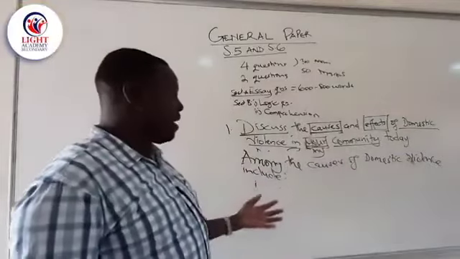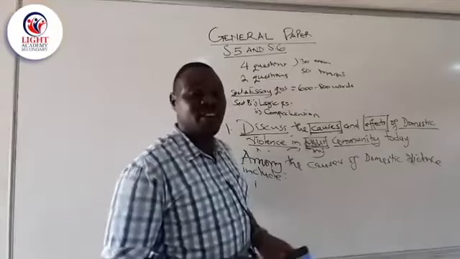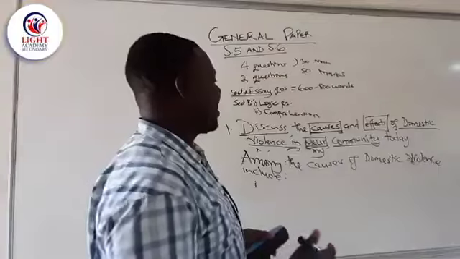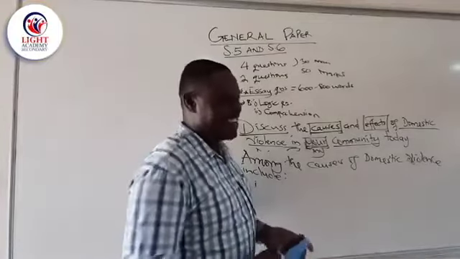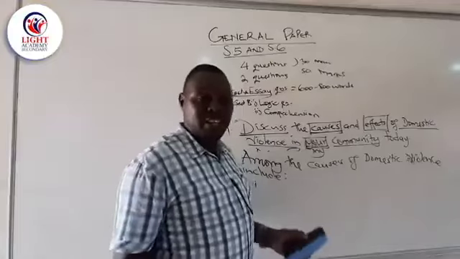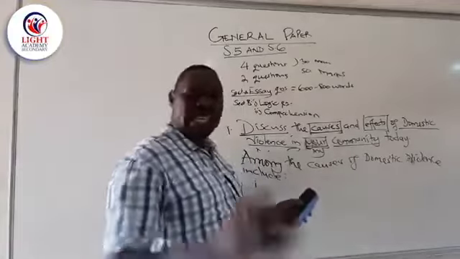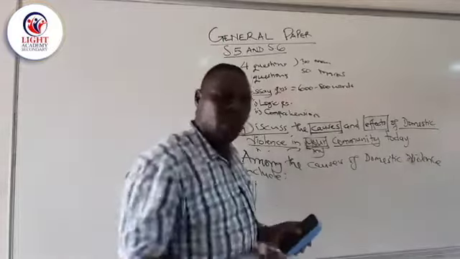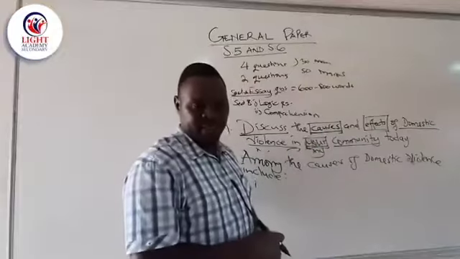You know very well that poverty, for example, for the situation that is prevailing now, the coronavirus, COVID-19, the way it has struck the community, the way it has disorganized everybody, there's a lot of domestic violence that is prevailing in our community today.